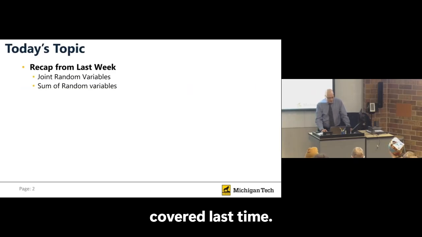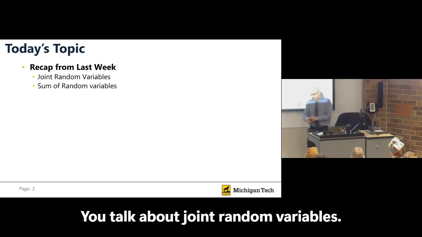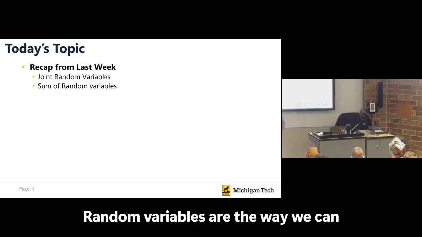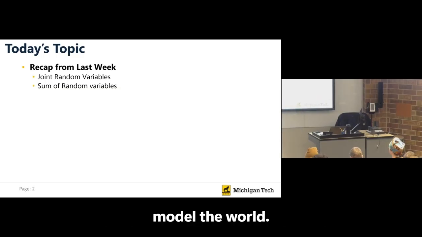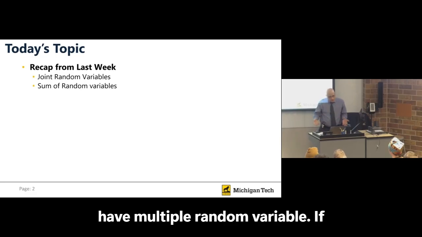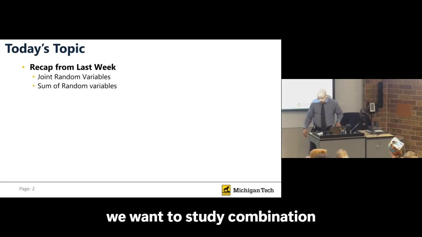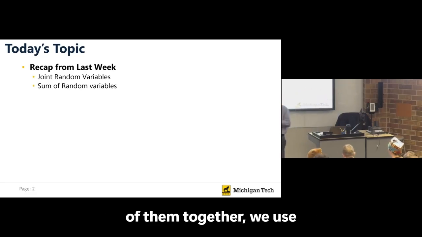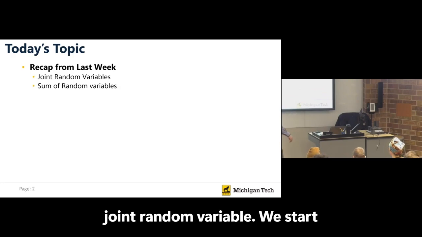What we covered last time, we talked about joint random variables. Random variables are the way we can model the world mathematically, in a probabilistic way. And sometimes we have multiple random variables. If we want to study a combination of them together, we use joint random variables.